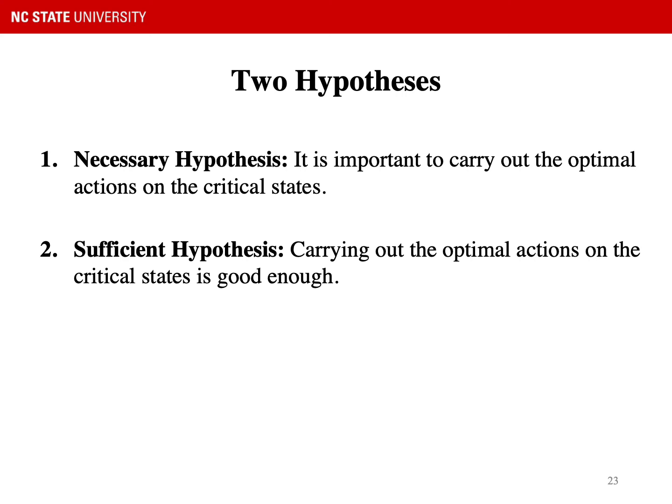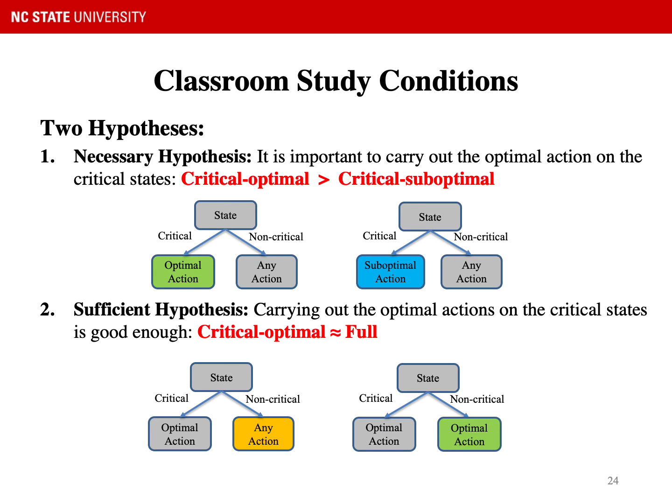Second, the sufficient hypothesis states that carrying out the optimal actions on the critical states is sufficient. That is, carrying out the optimal actions on the critical states only could be as good as carrying out optimal actions everywhere. To validate these 2 hypotheses, we conducted a classroom study.